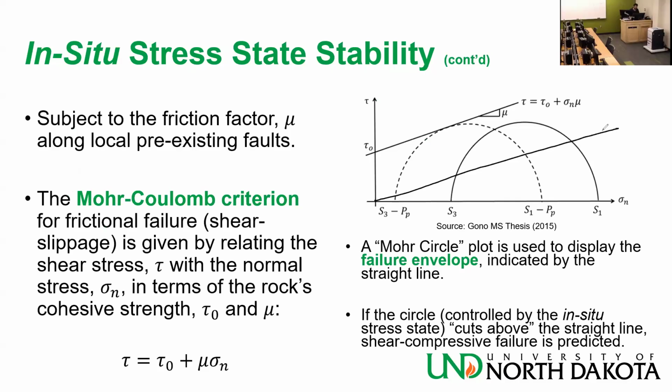The line moves down, and all this becomes a failure envelope, because the equation now is tau equals 0 plus mu sigma n.